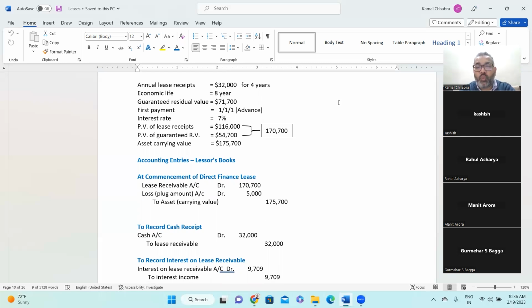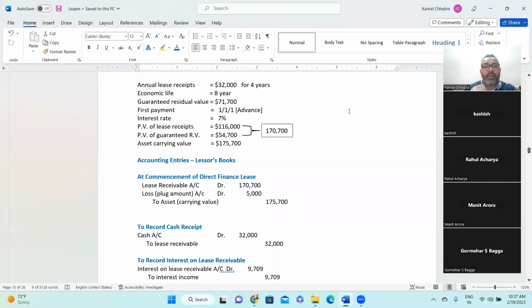And you will be removing the asset. So you are converting that asset from fixed assets to the lease receivable, right? Which is 175,700. So there's a loss of 5,000 on the conversion of an asset to the lease receivable, right? That is a plug-in figure you need to add, right?